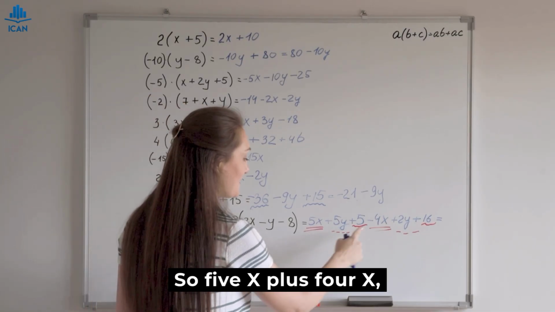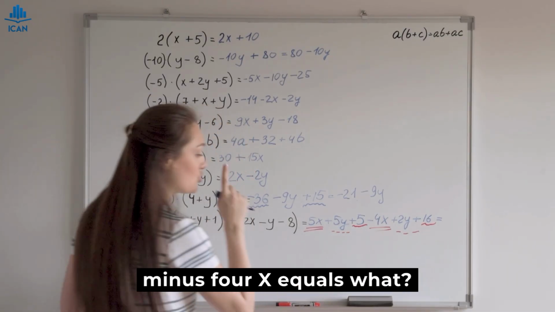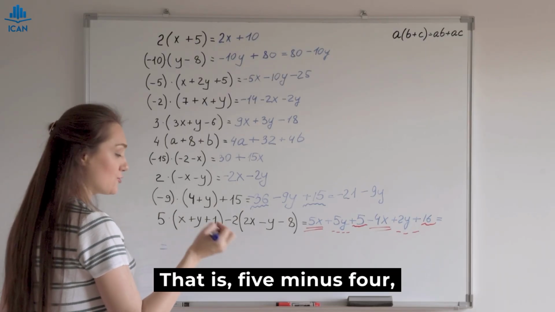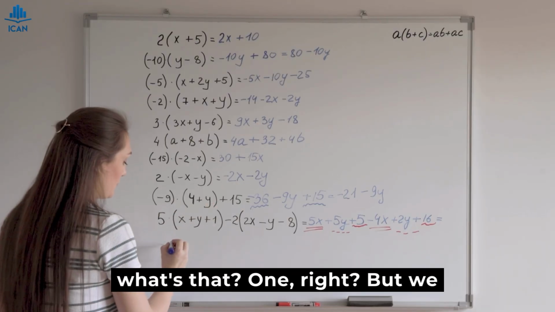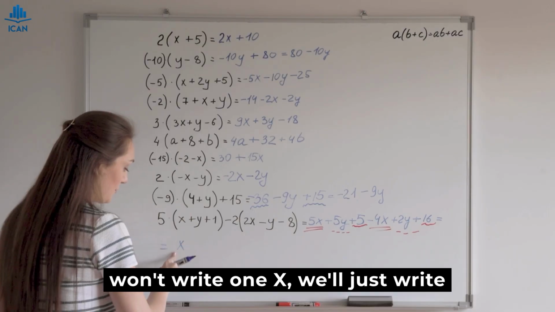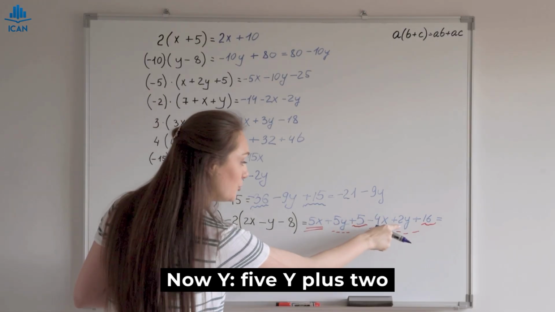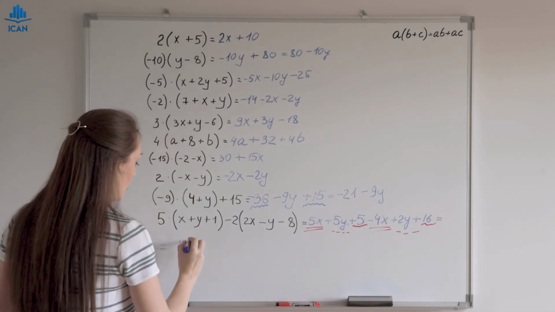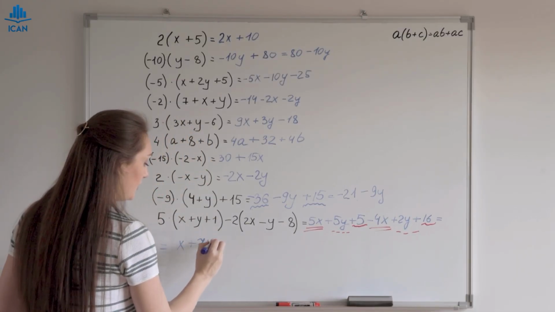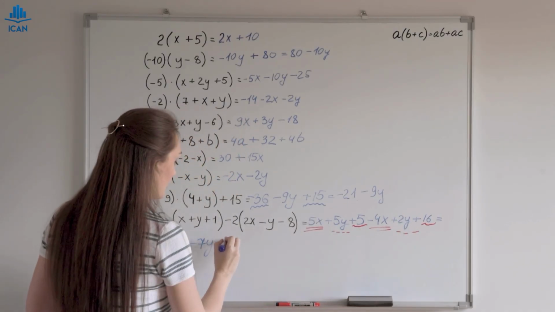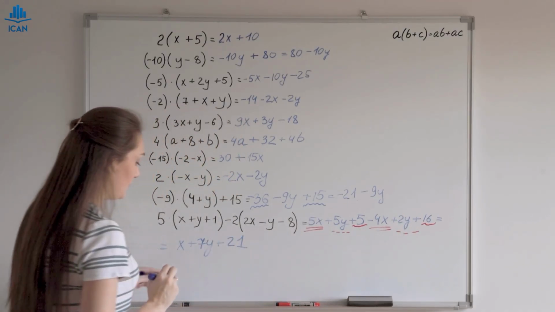So 5x plus 4x minus 4x equals what? That is 5 minus 4. What's that? 1, right? But we won't write 1x, we'll just write x. Now y. 5y plus 2y, all positive, plus 7y. 5 plus 16 plus 21. That's it, solved.